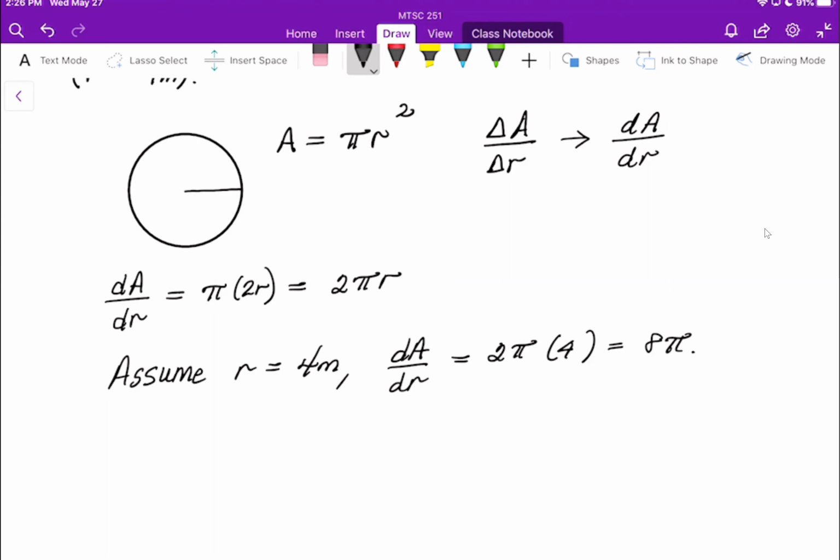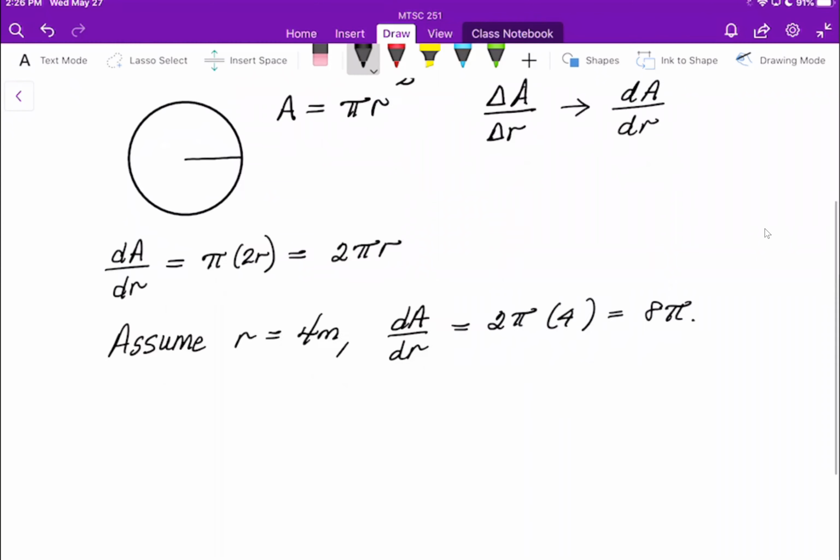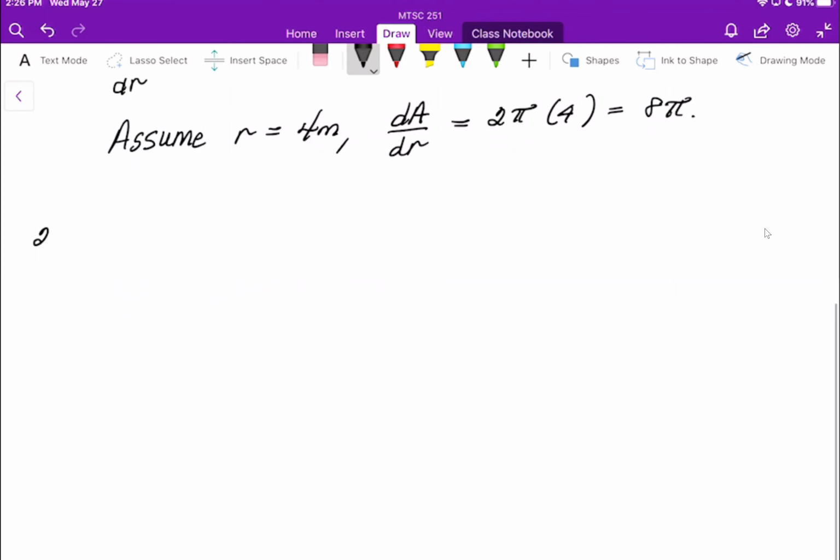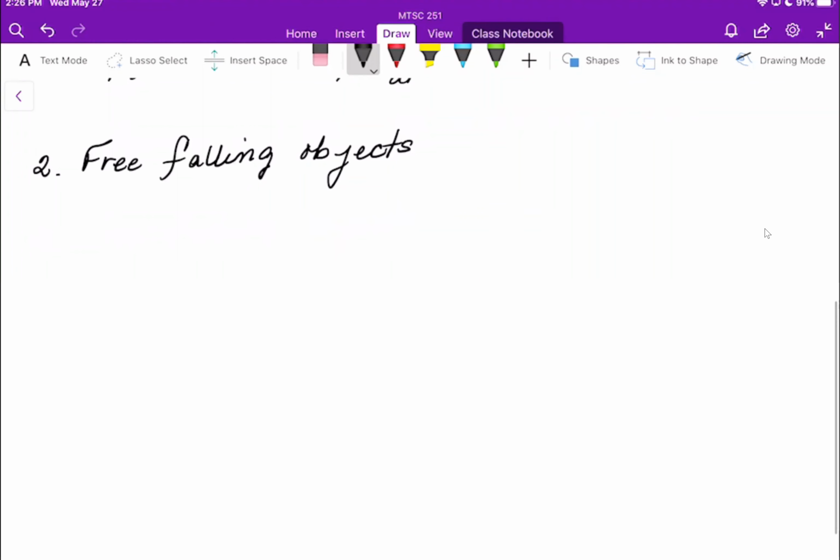Next problem, we're going to look at free-falling objects. With these free-falling objects, the problem that we're going to solve has a ball that is thrown up, which eventually falls down.